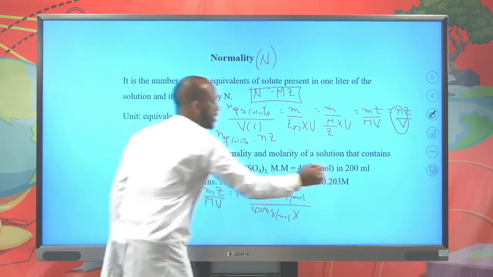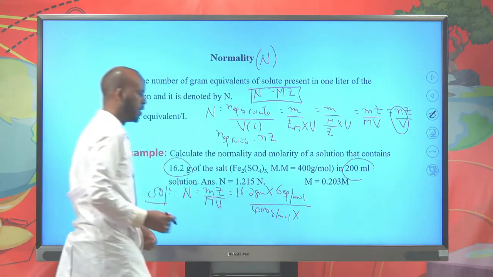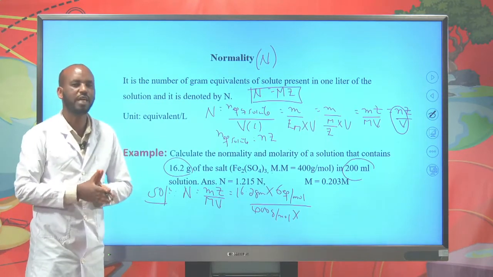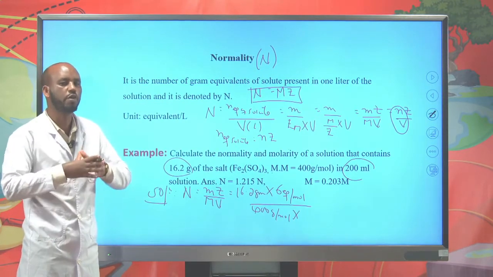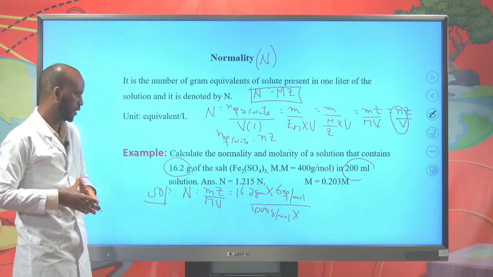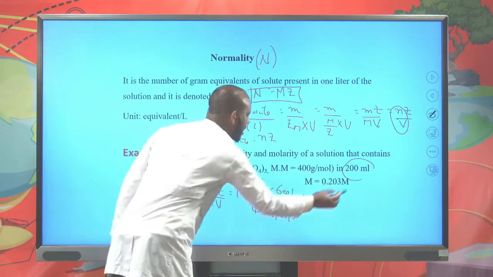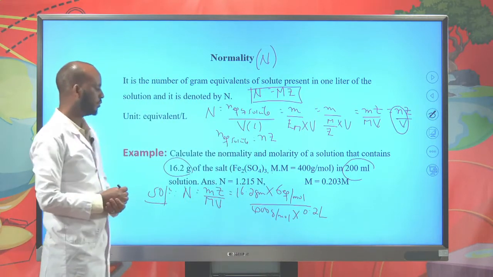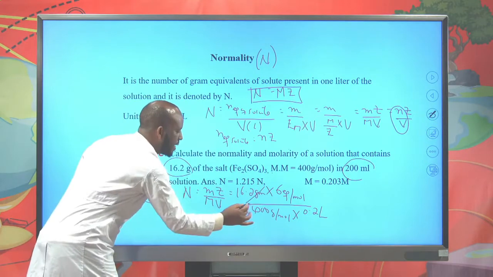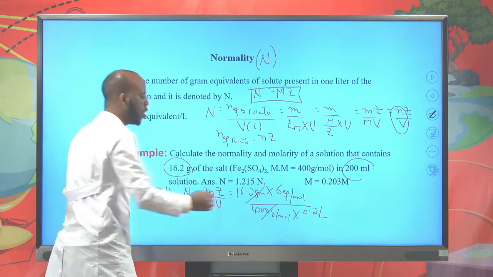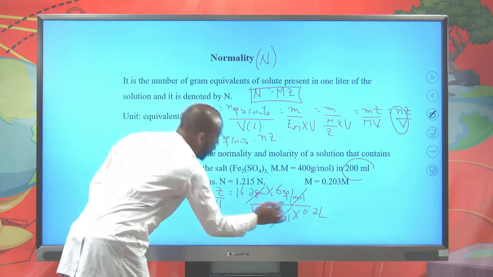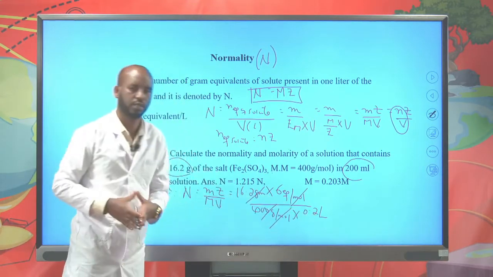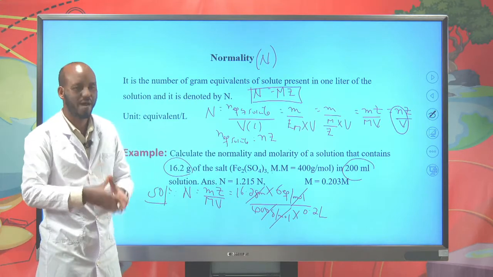Volume of the solution is 200 milliliter. This must be converted into liter because the unit of normality is equivalent per liter. 200 milliliter is 0.2 liter. Gram is cancelled by gram, mole by mole, and we are left with equivalent per liter, which is the unit of normality.